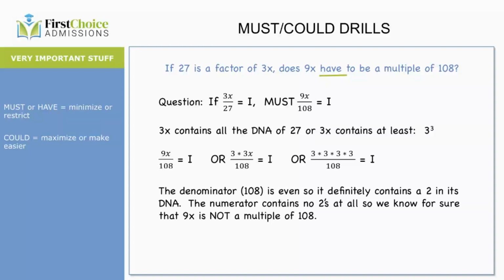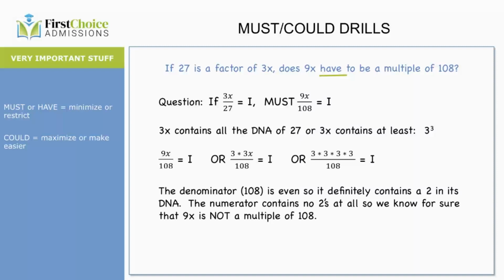Not as long as 3x has the minimum amount of DNA. That numerator will only have 3's in it. So we know for sure that 9x is not a multiple of 108, because 9x does not have to contain a 2. Okay, good job.